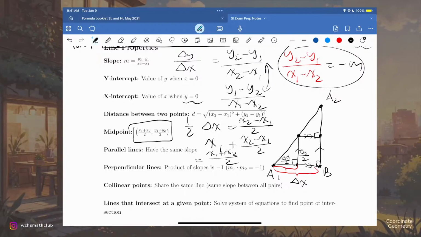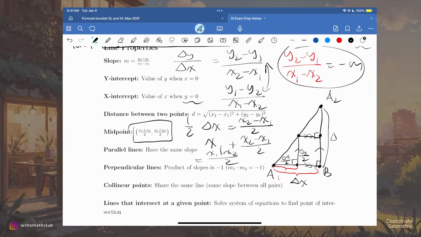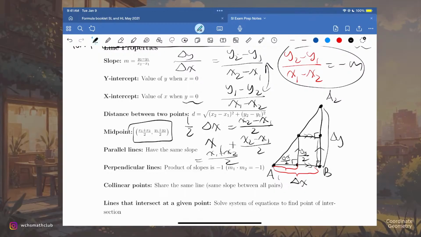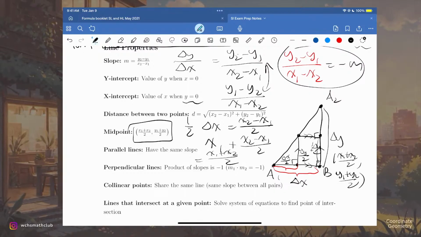And we can apply the same reasoning to the y-axis, so that this thing is delta y here, and then this thing is 1 half delta y. So then we have ((x1 plus x2) over 2, (y1 plus y2) over 2) as the midpoint of these two segments. And of course, this generalizes to 3D as well.